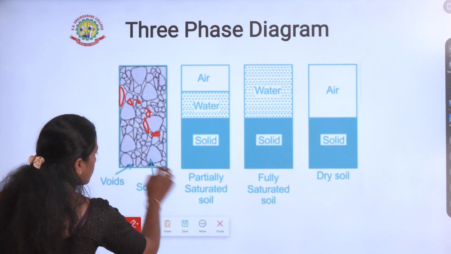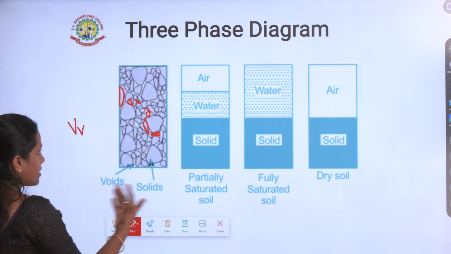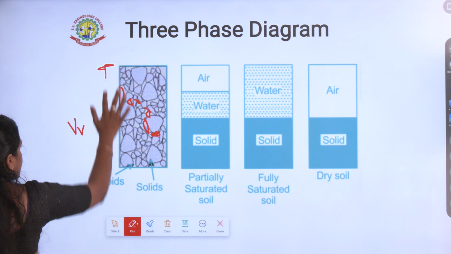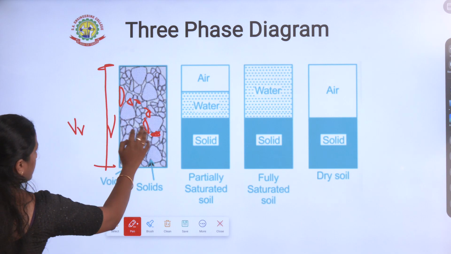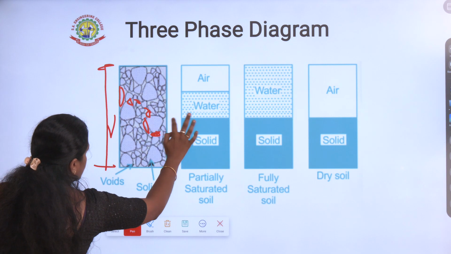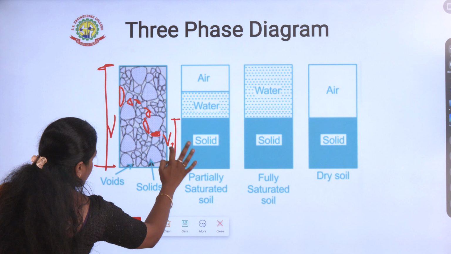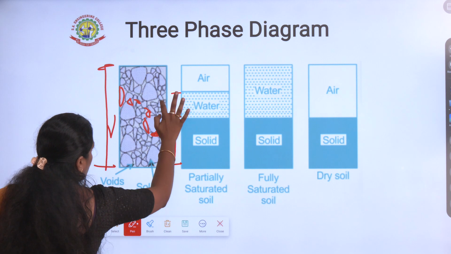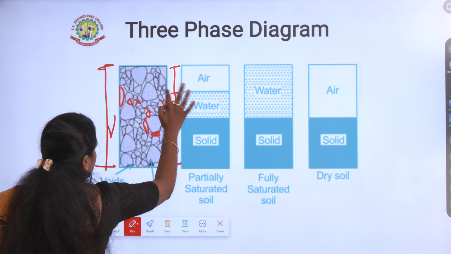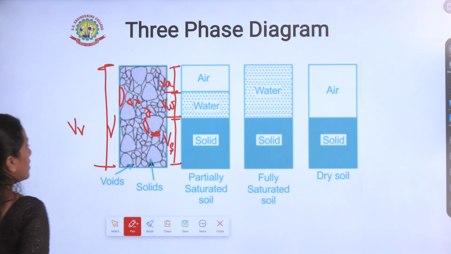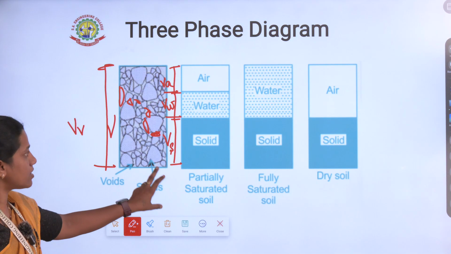We represent the whole volume as V, the solid particles as volume of solids, this as volume of water, and this as volume of air. This is represented in terms of volume.